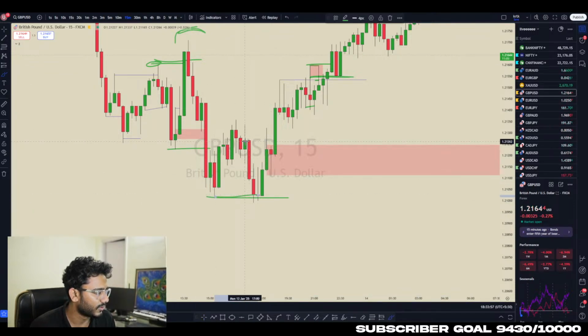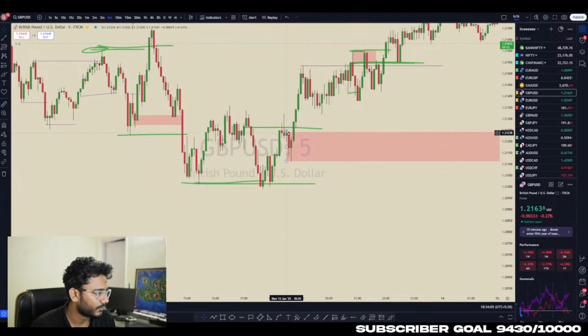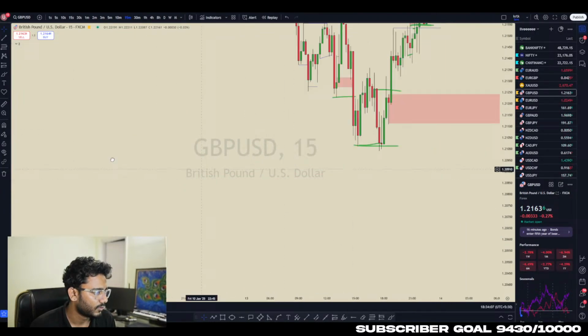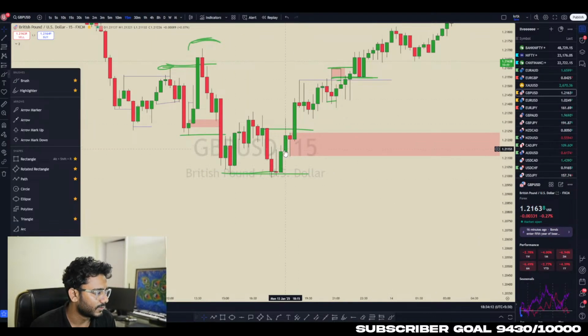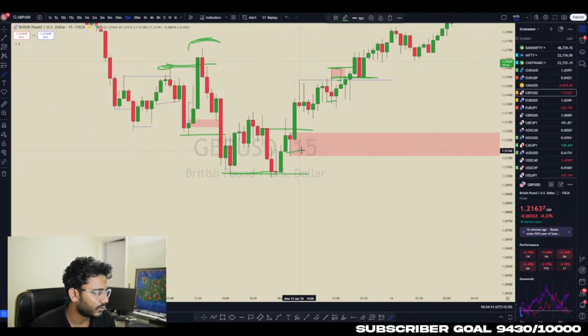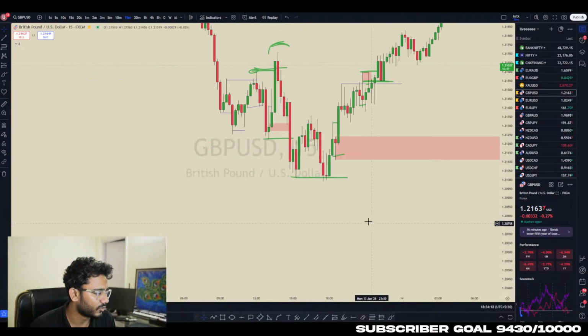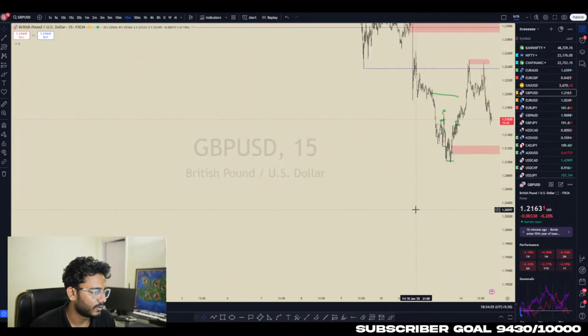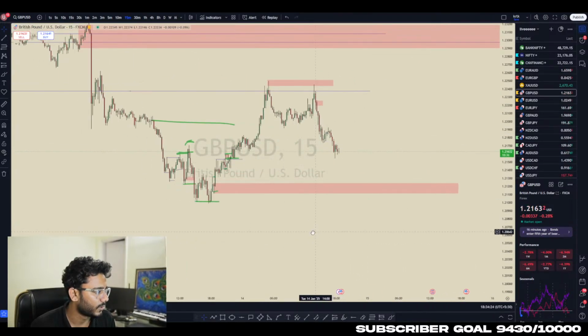So this was the inducement and the move started to go down here. We have this area of interest where we can look for a sell side entry. We can refine this till here. This looks good. I'm waiting for price, and also we can see this candle has wicked out this candle. This is a good sign that price can react from this order block. So let's wait for the confirmation.